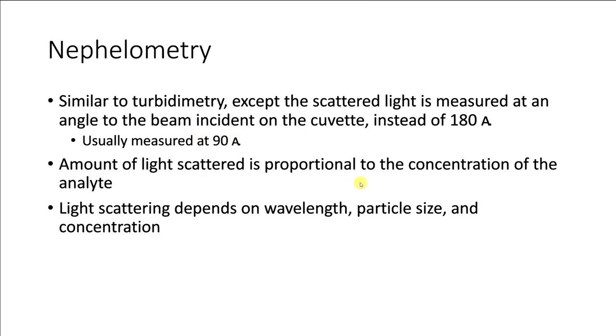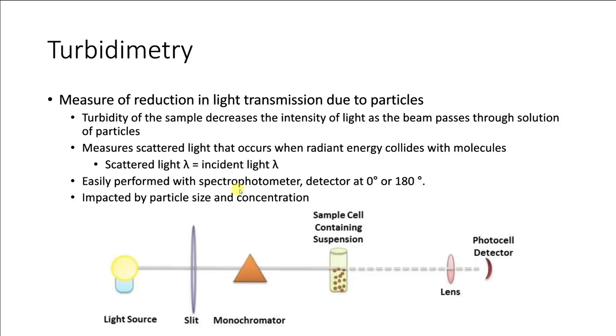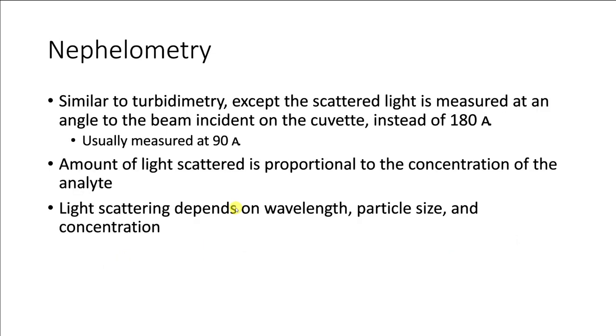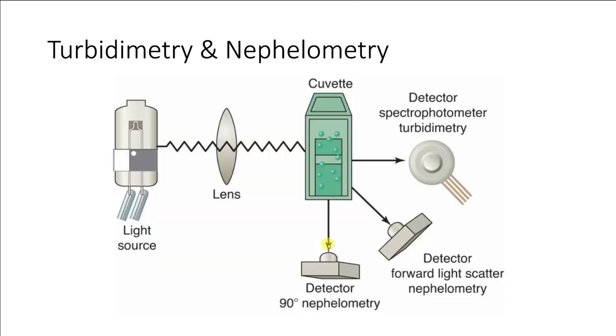The amount of light scattered is again still proportional to the concentration of the analyte. Unlike turbidimetry, which is only impacted by particle size and concentration, we now have to worry about wavelength, particle size, and concentration with nephelometry. So if we place it here, then this is turbidimetry. If we place it anywhere that is not in a straight line, then it's nephelometry.